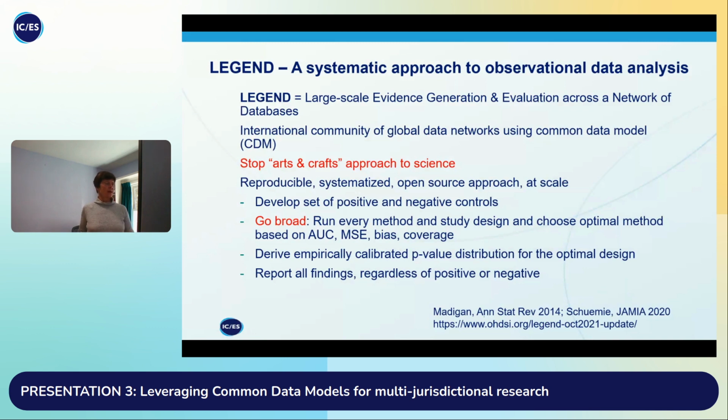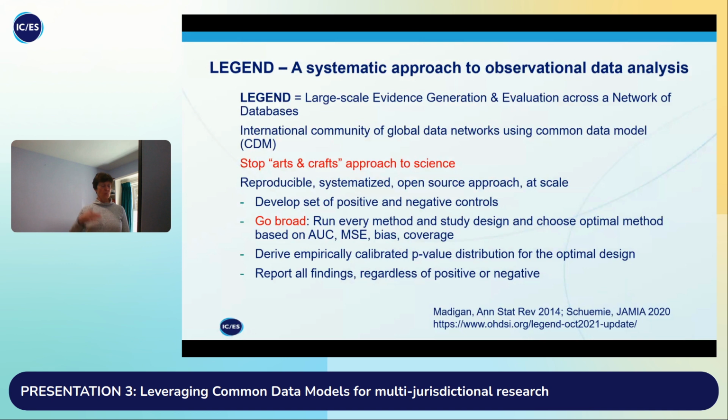So the idea is go broad, engage numerous different scientists across the world with numerous different databases, develop for that problem a set of positive and negative controls, look at all the different drug classes. And in this case, it was all the different drug classes of antihypertensives, the thiazides, the ARBs, the ACE inhibitors, et cetera.